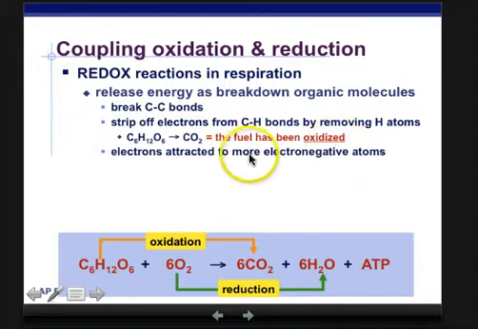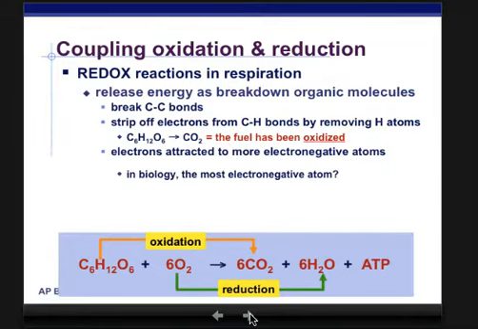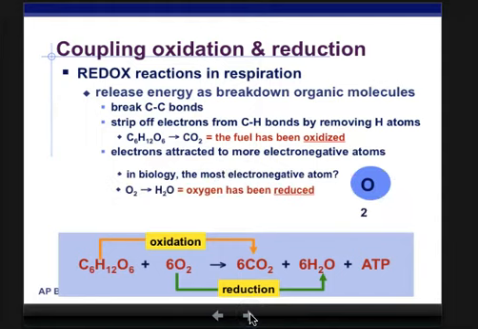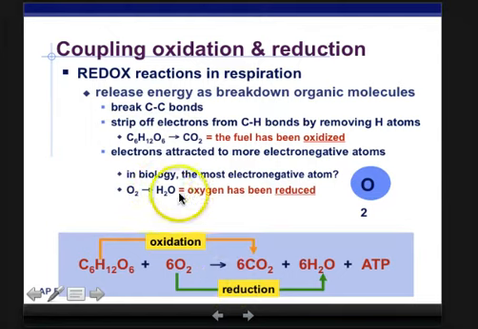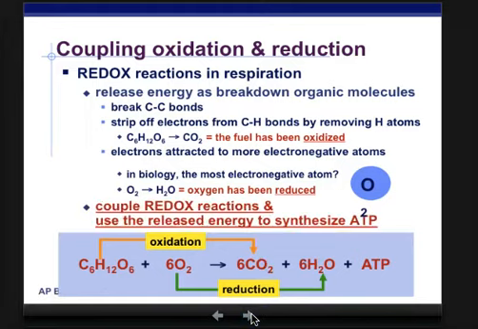And electrons are attracted to more electronegative atoms. And what did we just say the most electronegative atom was? Right, that oxygen. So oxygen becomes the water, and oxygen has been reduced. So we're coupling the redox reaction and using the released energy to synthesize ATP. Good? Okay.